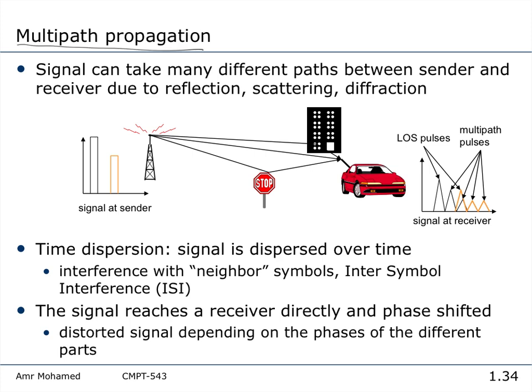Multipath propagation talks about the fact that if you have two signals like this in the time domain, with this difference between them. These are two signals transmitted from the transmitter side, right?